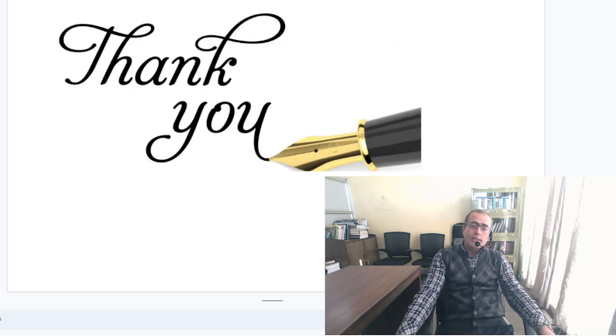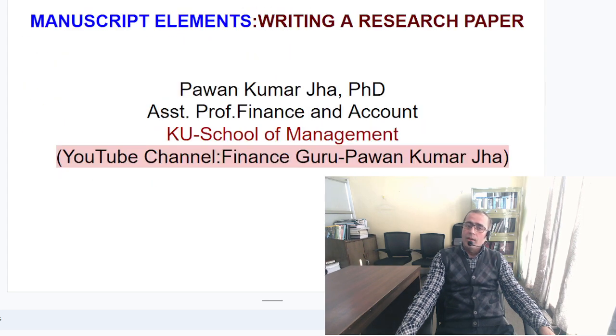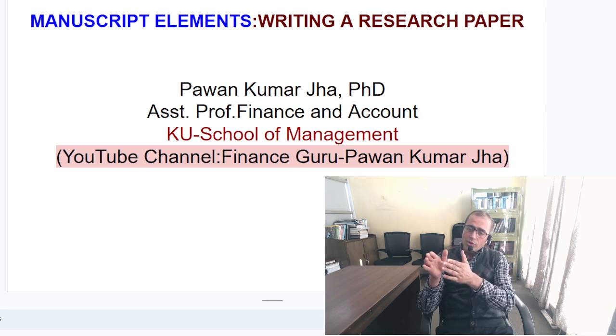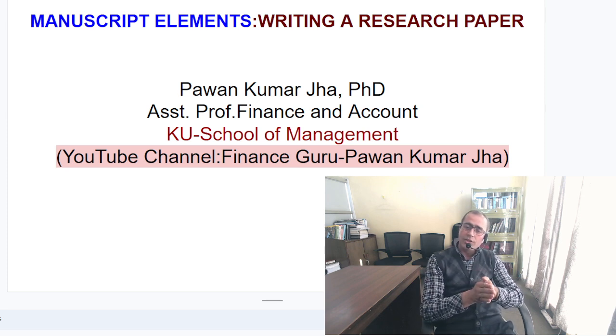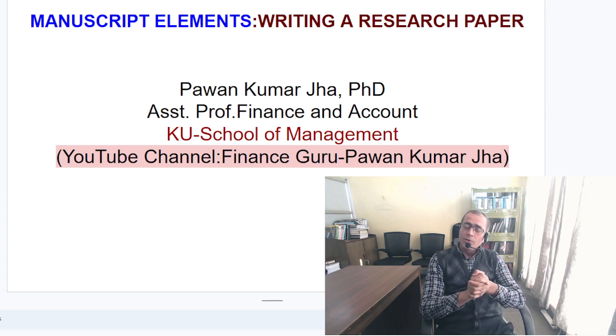Basically, what I discussed, friends, is all about how to write a research paper, because we do the research and our ultimate goal is to publish our research paper. That means you have to convert your thesis or dissertation into a research paper. This is a really challenging task, but I would suggest all of you better review good papers published in good journals.